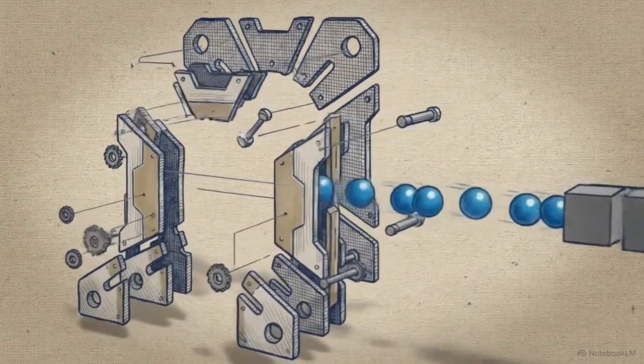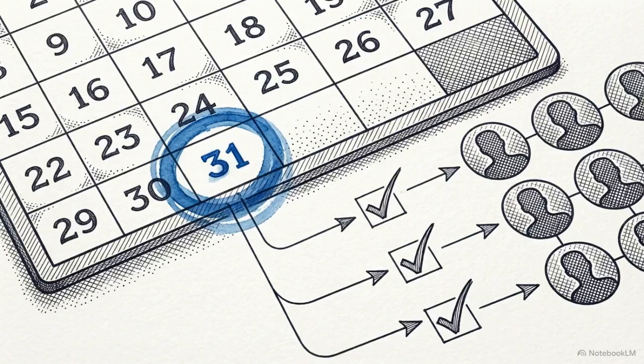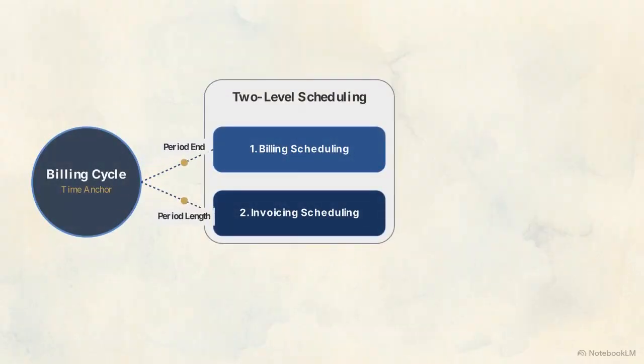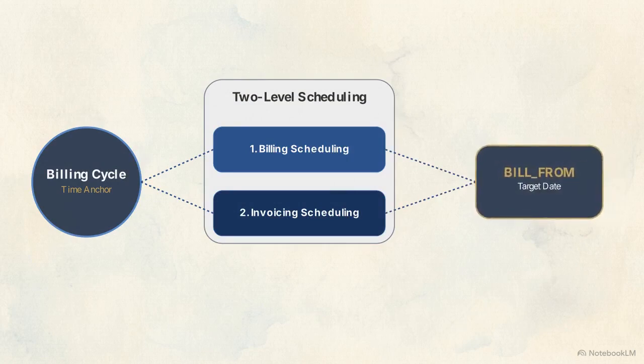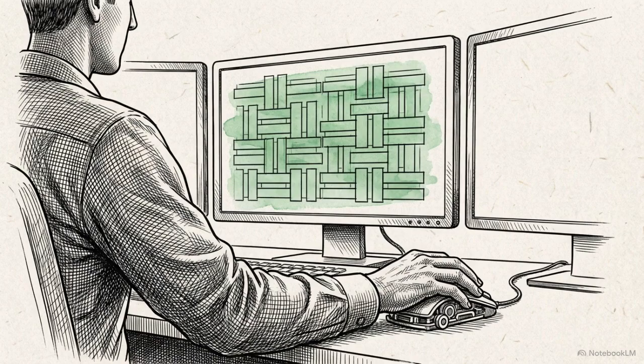They move in sequence. The billing cycle is the mechanism that translates a high-level business policy, like charging all customers on the last day of the month, into an actionable system reality. It supplies the exact temporal parameters the two-level scheduling rules require to calculate the bill from dates. By intentionally anchoring this cycle within the master data hierarchy, you dictate the exact precision and scope of your billing runs.